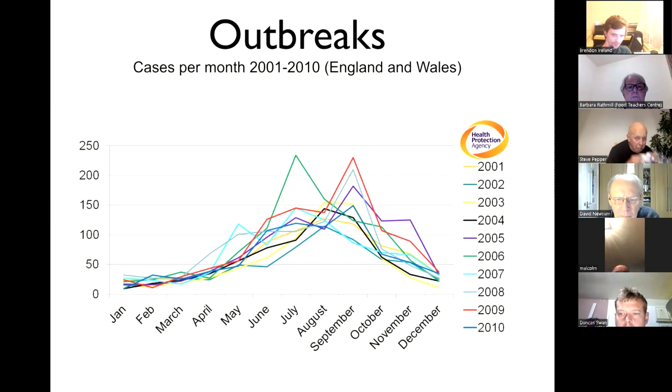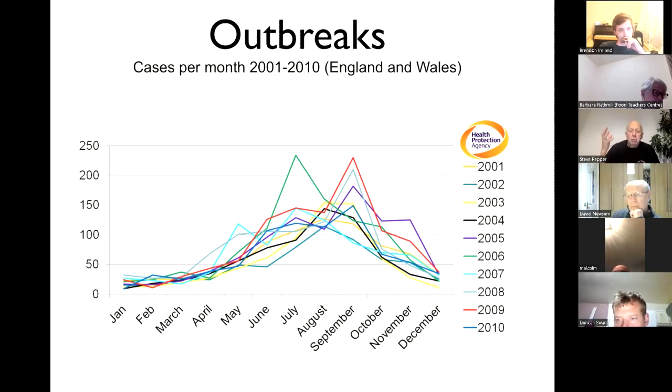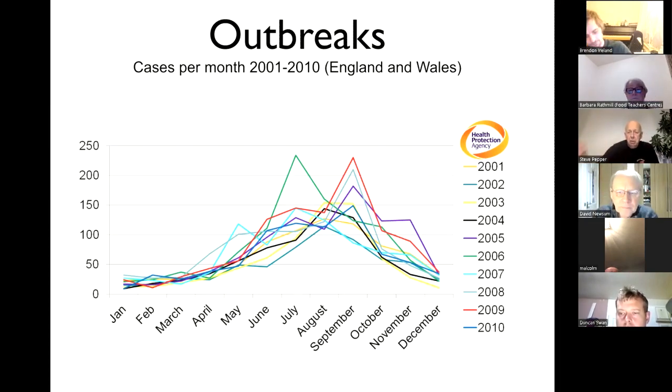I'm going to say barbecue season. Yeah, barbecue season. And it's all to do with undercooking of burgers or steaks, and people using the tongs from the barbecue to handle the raw meat, and then without washing them or heat treating the utensils, using them for the cooked meat.